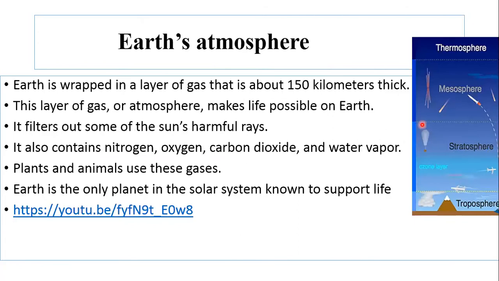Now, Earth's atmosphere. Earth is wrapped in a layer of gas that is about 150 kilometers thick. This is the atmosphere layer. This layer of gas makes life possible on Earth. It filters out some of the sun's harmful rays.